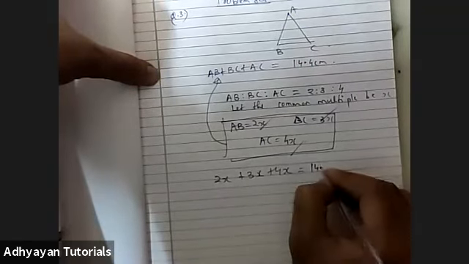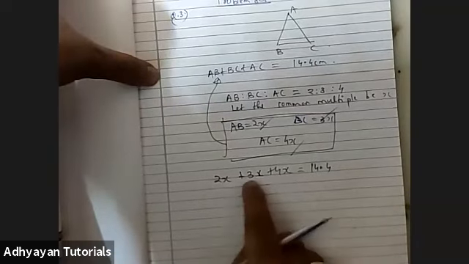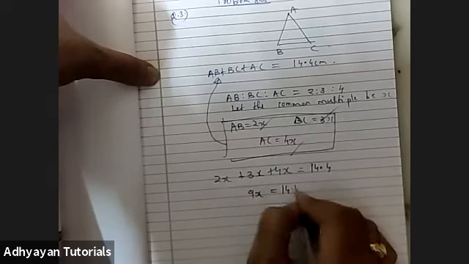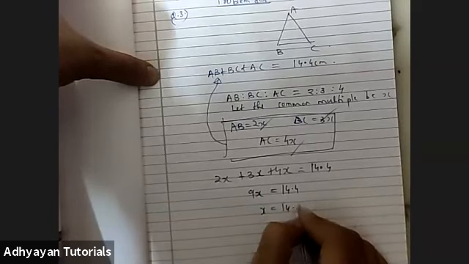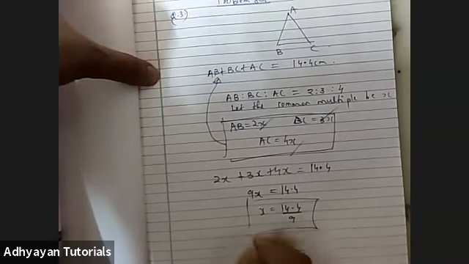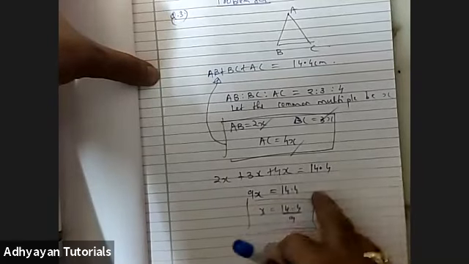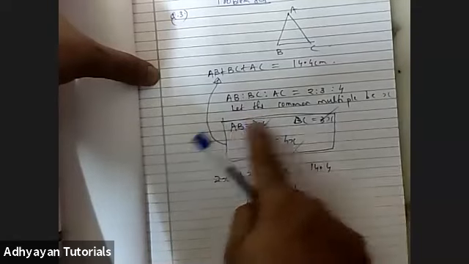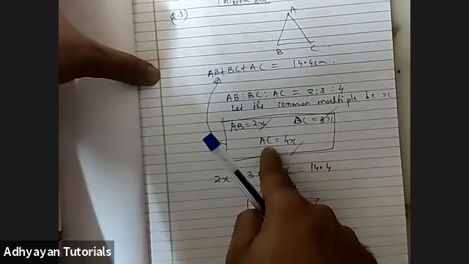It is given perimeter. Now you can add 4, 5, 6, 7, 8, 9. 9x is 14.4 and from here child you can find value of x. एक बार x का value मिल गया, divide करके जो भी होगा, you can substitute the values here and you find AB, you find BC, you find AC.